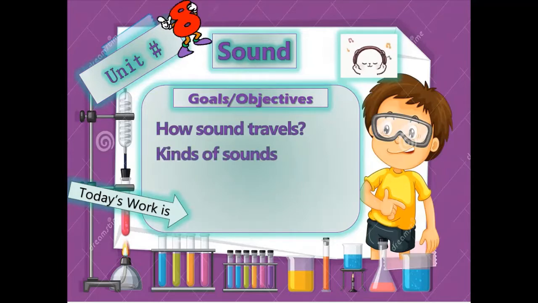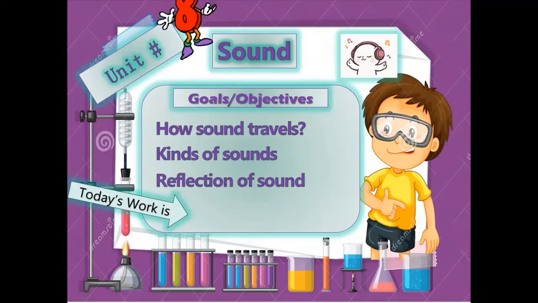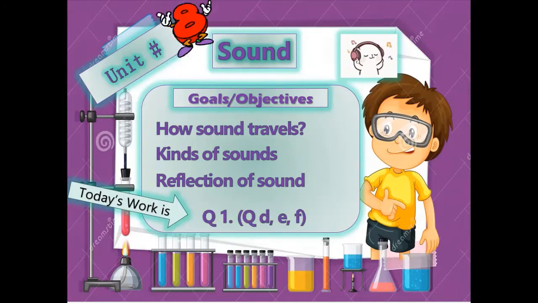Then we'll discuss kinds of sounds. After that, we'll discuss the reflection of sound, in which we learn about echo, echolocation, and noise pollution as well. Today's notebook work is question number 1, part D, E, and F.